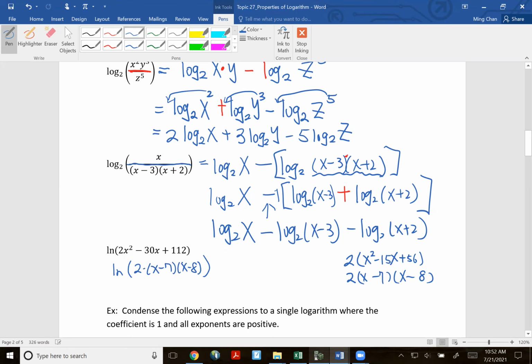All right, so now I have two multiplications here. So when I expand them, remember natural log is also a logarithm, so all the properties here apply. This is going to become natural log of 2 plus, this multiplication becomes plus natural log of x minus 7, plus that multiplication becomes plus natural log of x minus 8. There you go.